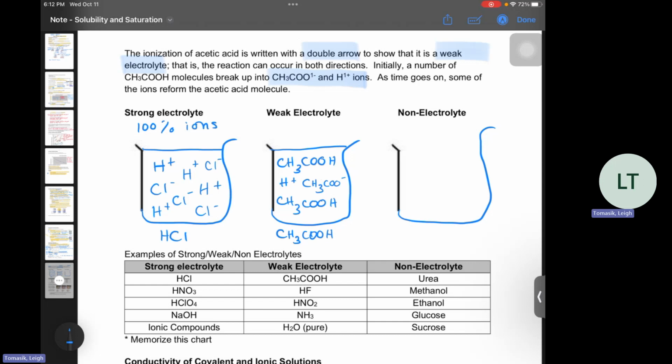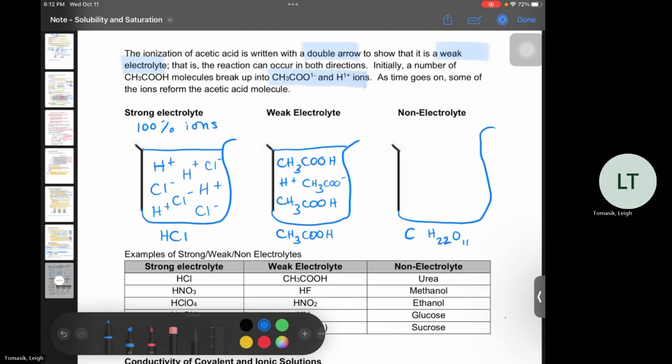A non-electrolyte would be like sugar, C12H22O11. That's sucrose, in other words, table sugar.